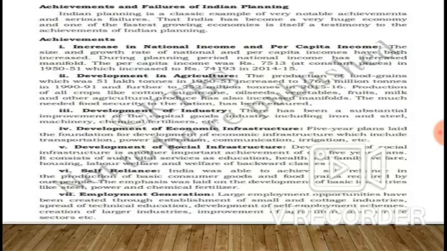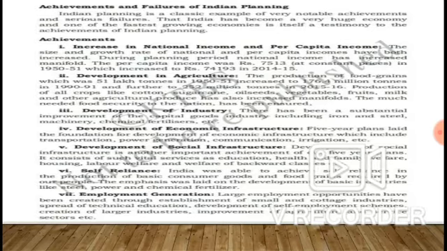Earlier the production was only 51 lakh tons in 1950 to 51, but during 1990 and 91 the production of food grains increased. 51 lakh tons was very less, but after 1990 and 91 it increased. How much did it increase? 176.4 million tons.